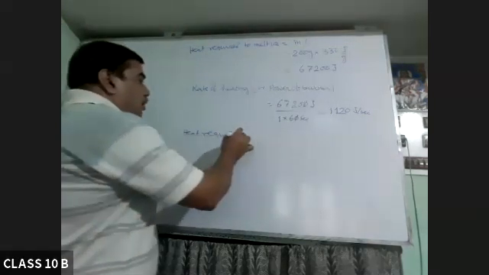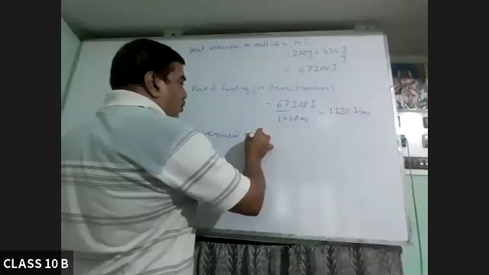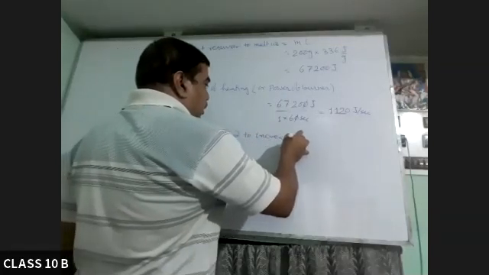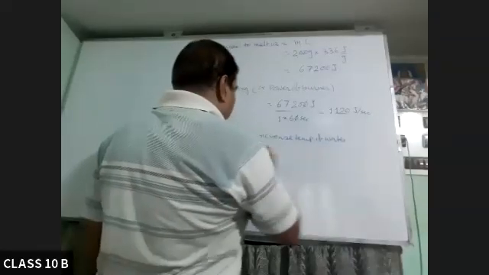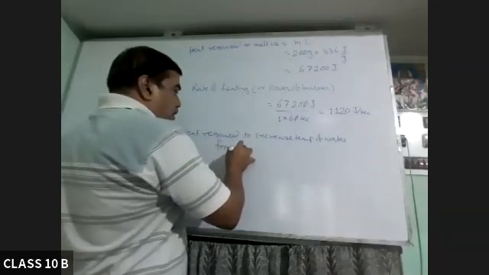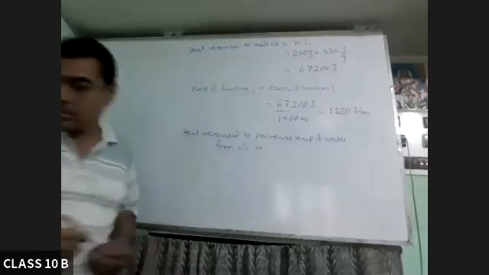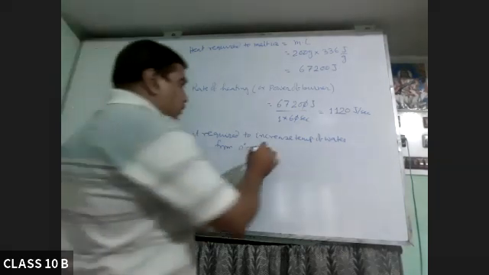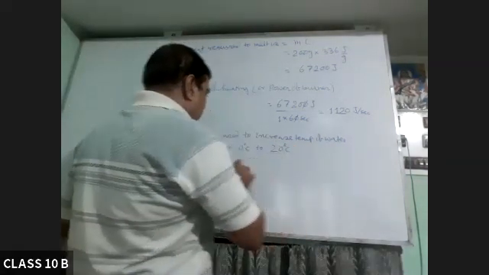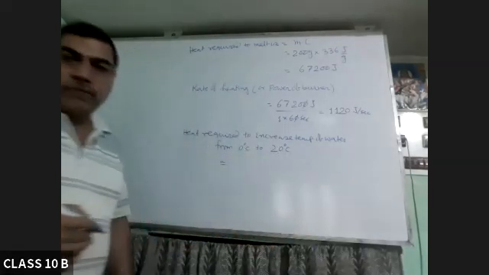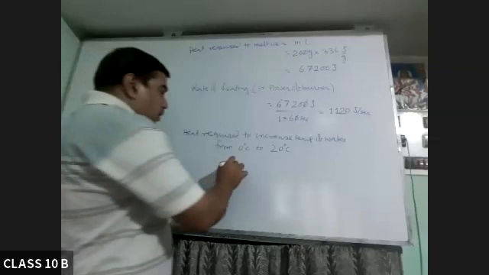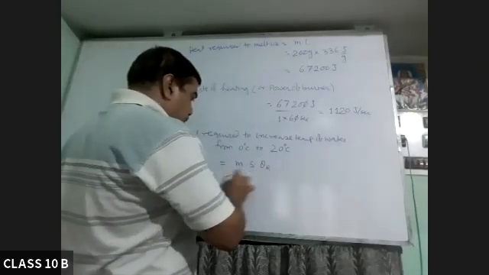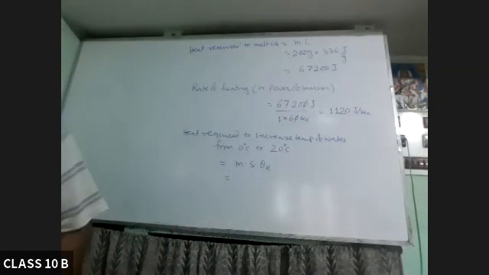So heat required to increase the temperature of water from 0 degree Celsius to 20 degrees Celsius will be mass into specific heat capacity into rise in temperature. Mass we are given, 200 gram.